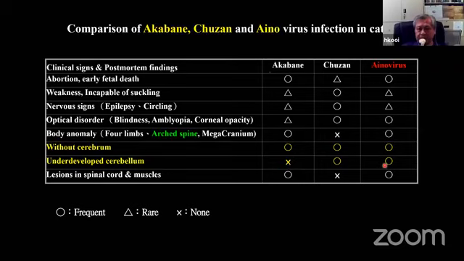Okay, in Akabane you still can see the cerebellum, but not in rhinovirus. So the one that I showed you just now was actually rhinovirus, with all the arch spines and then a little bit of swelling of the head.